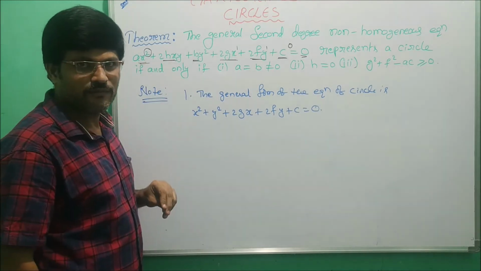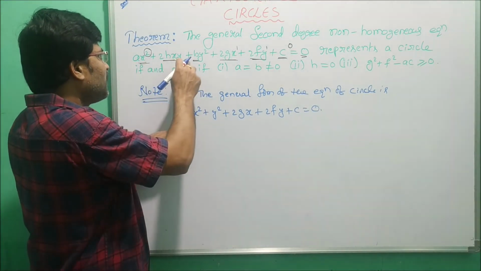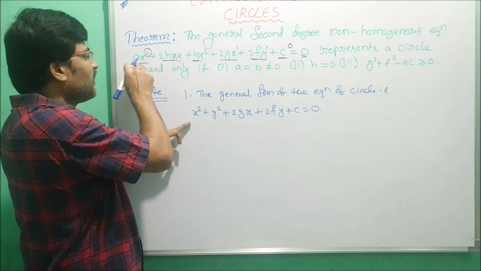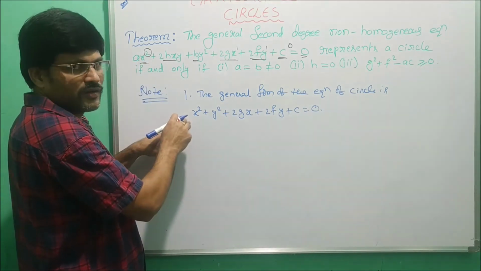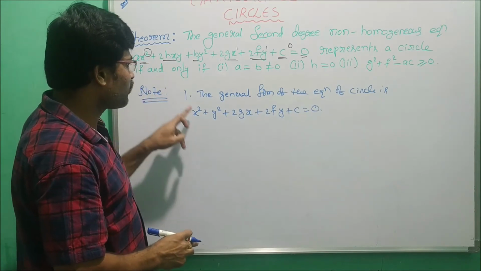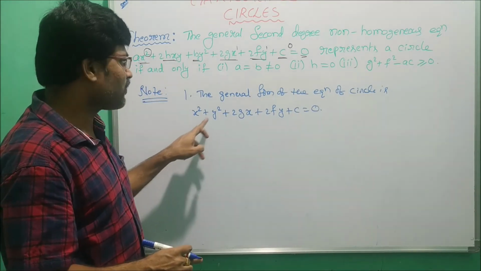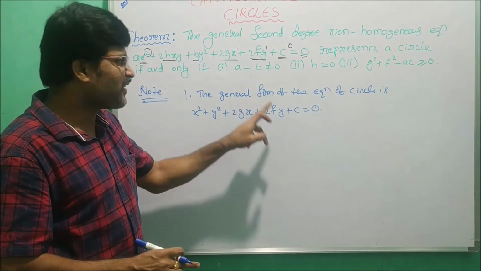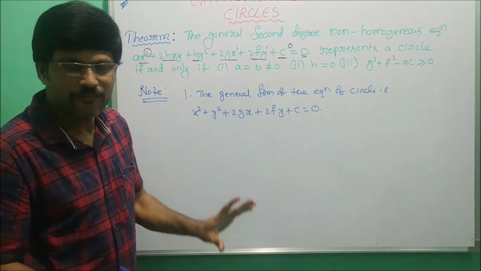This is the general form. In this theorem the x² coefficient is a, here the x² coefficient is 1. Now we take a = 1, then it can be reduced to the general form, that is x² + y² + 2gx + 2fy + c = 0.